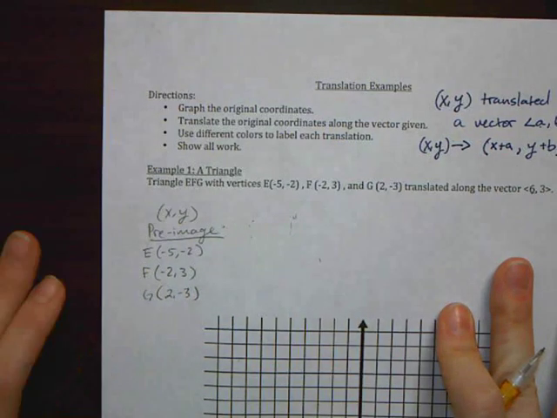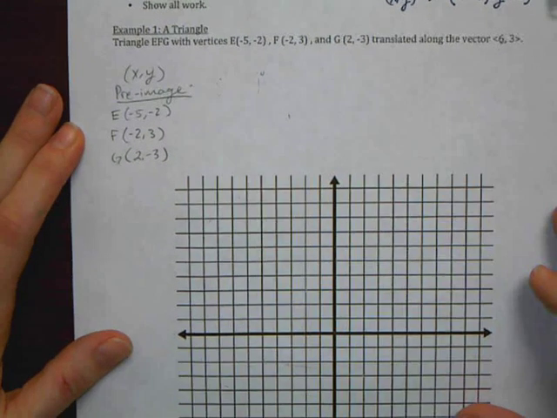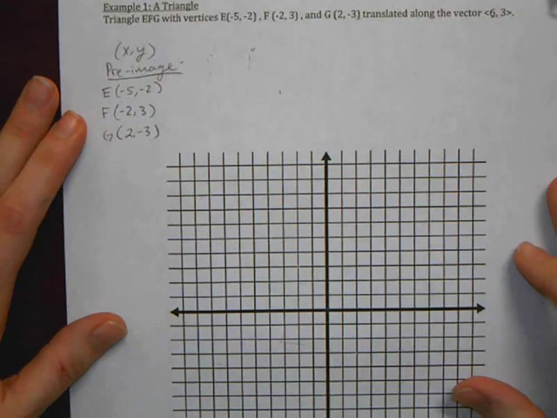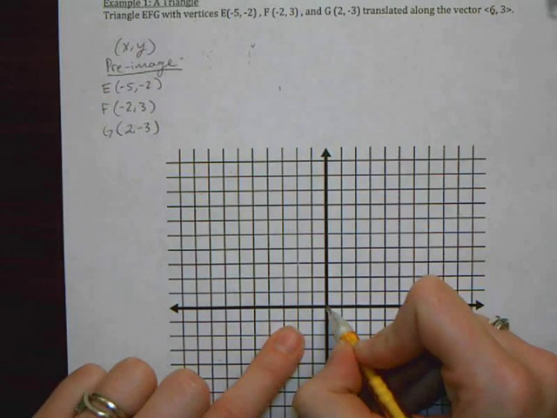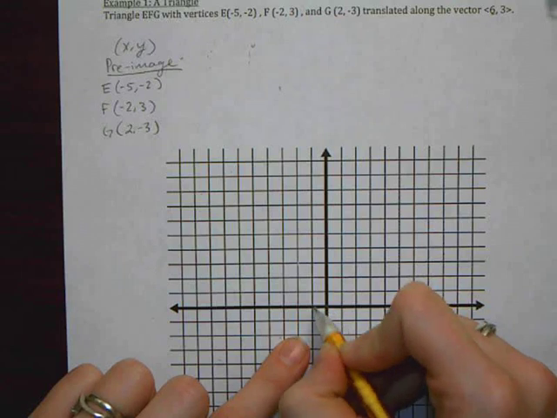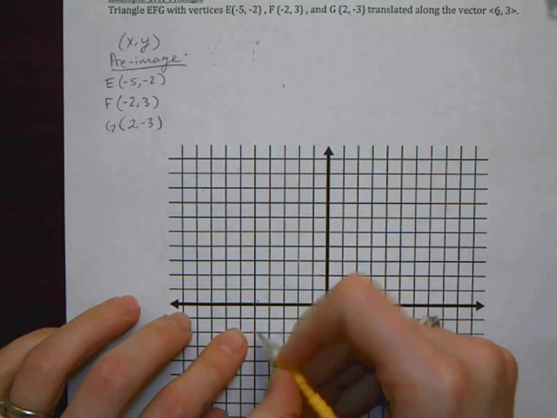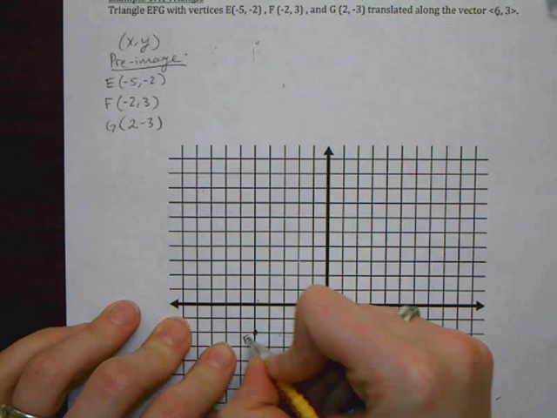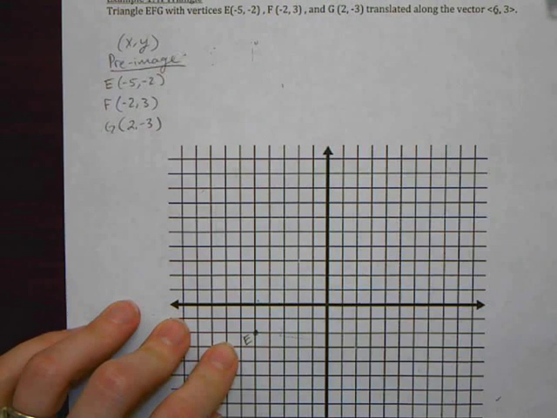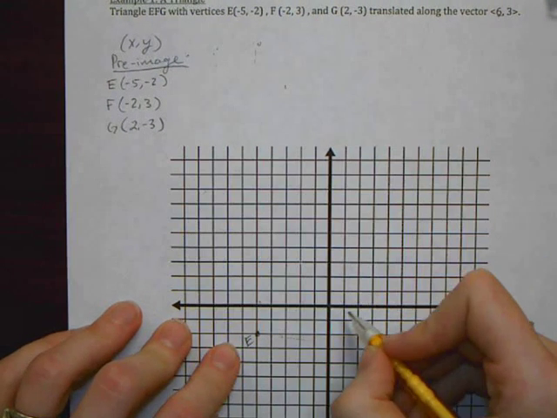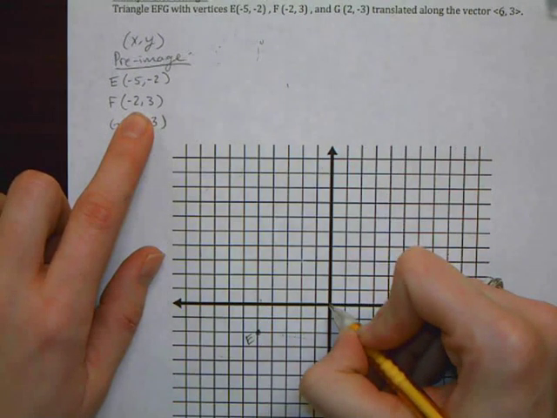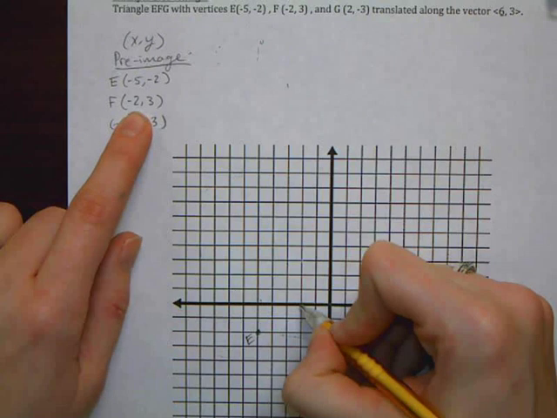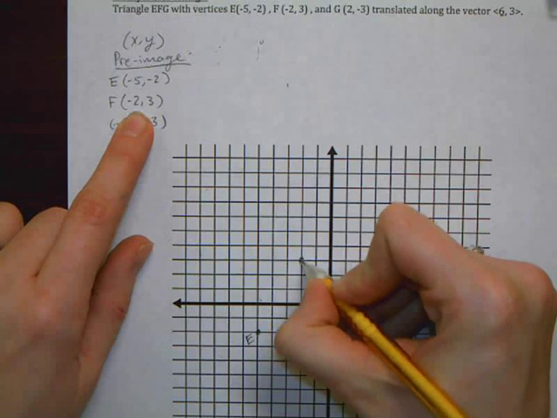All right, then as always, the first set of directions is to graph the original coordinates. So I'm going to come down to my coordinate plane here and start plotting my points. E is at -5, -2, which means I'm starting at my origin and going to the left 5 and then down 2. I'm going to go ahead and label that coordinate with my E. And then my next one is -2, 3, which means I'm starting at the origin, going to the left 2 because I have a negative X value, and then my Y value is +3.